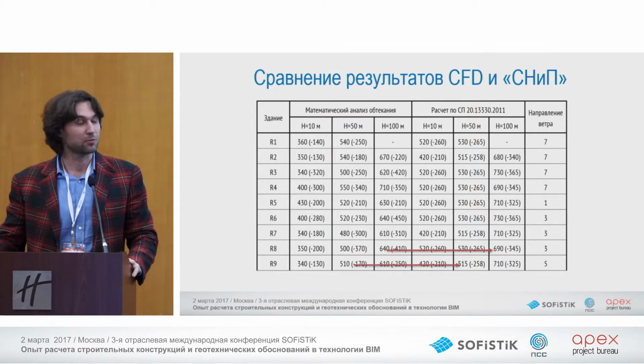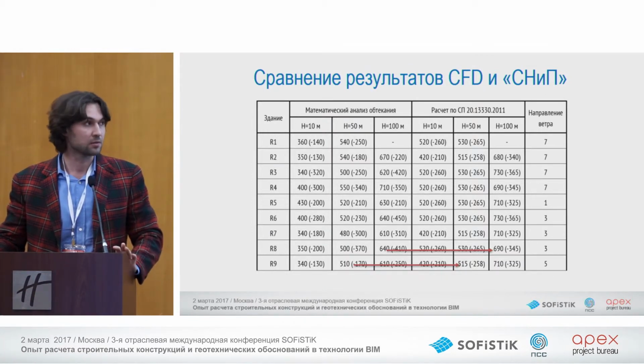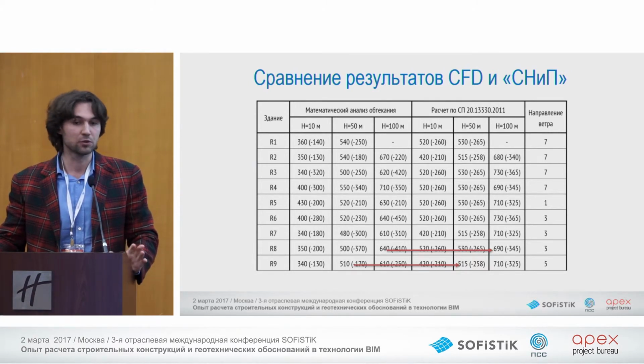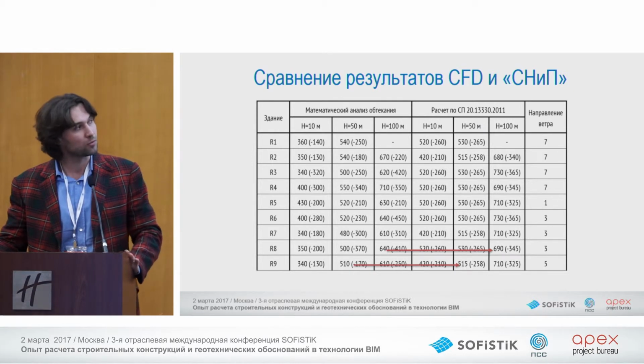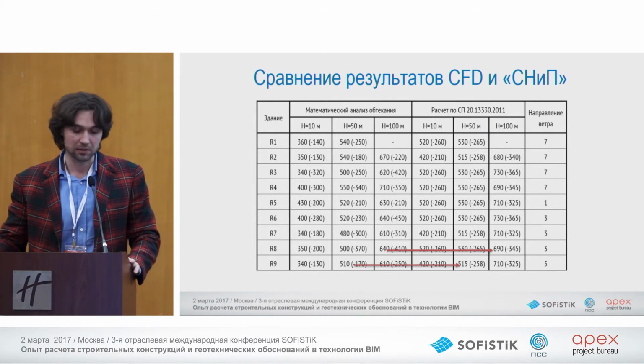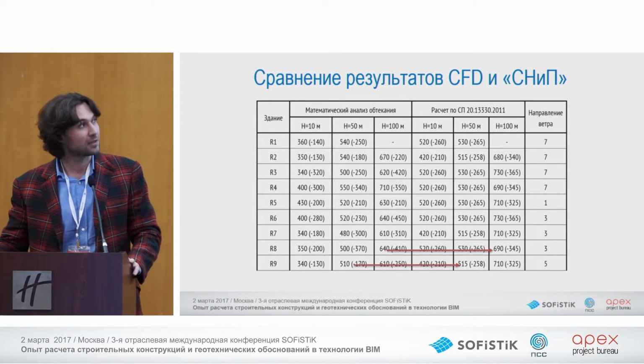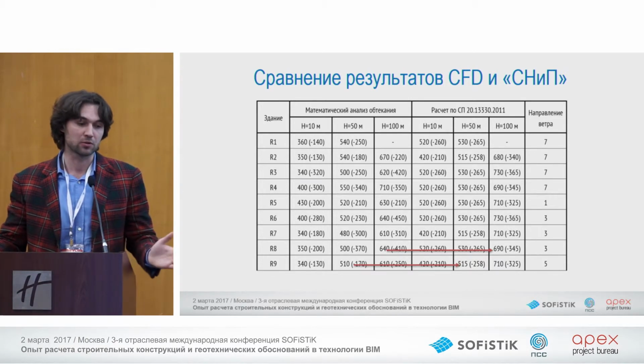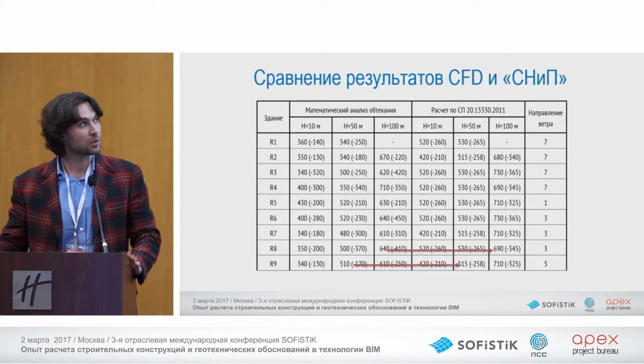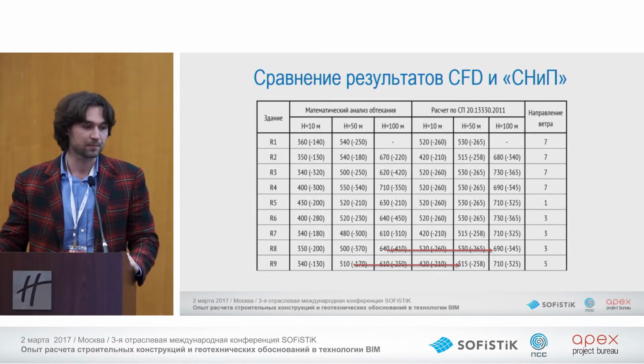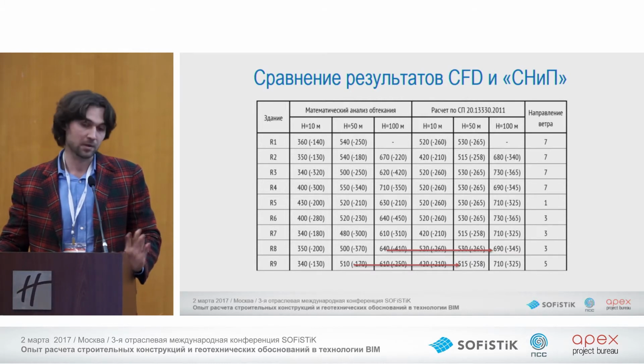They are not called SNPs anymore, but many Russian experts and experts from abroad are used to calling them SNPs. Okay, code checking. And the results were not very satisfactory, but we can explain it, because the higher the building, the less SNP loads are applicable.